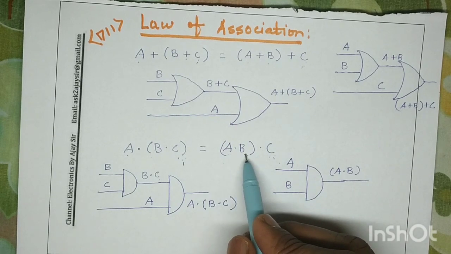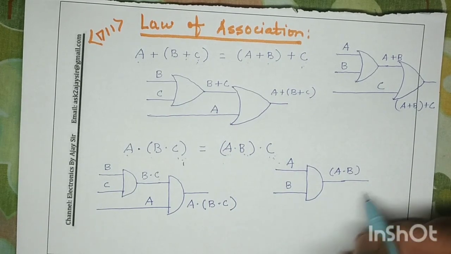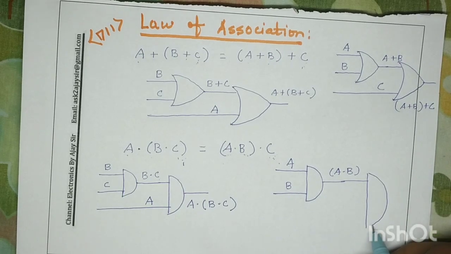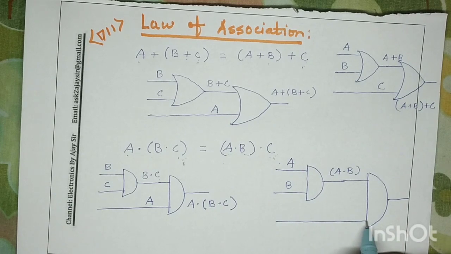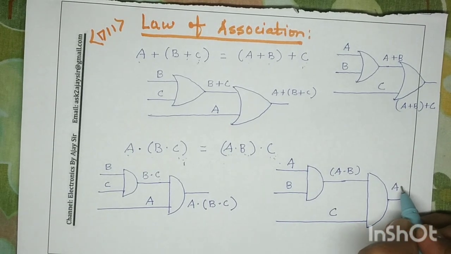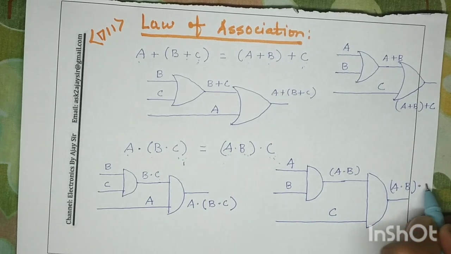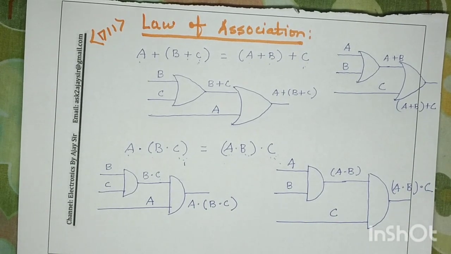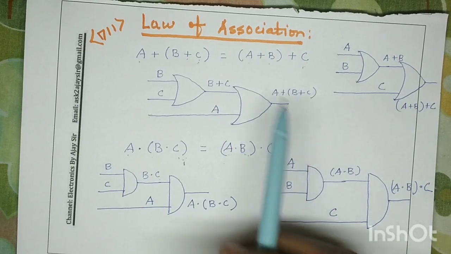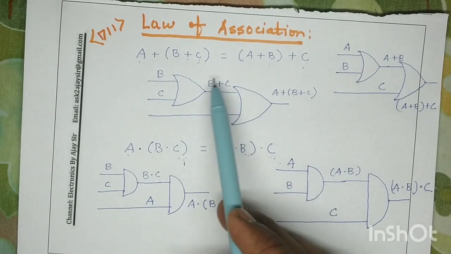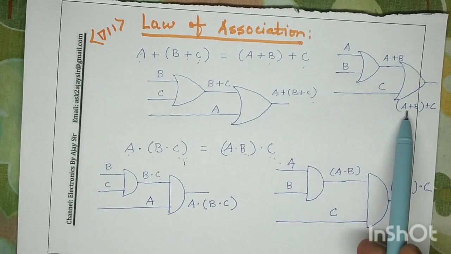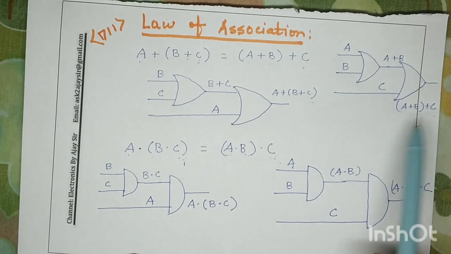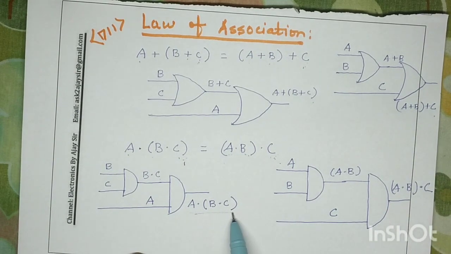Finally, this a dot b is ANDed with c, so I need another 2-input AND gate. One input is a dot b, the other input is c, and it gives you the output signal a dot b dot c. So according to this law of association, the output a plus b plus c is the same as the other a plus b plus c. Similarly, the signal a dot b dot c is equal to a dot b dot c.